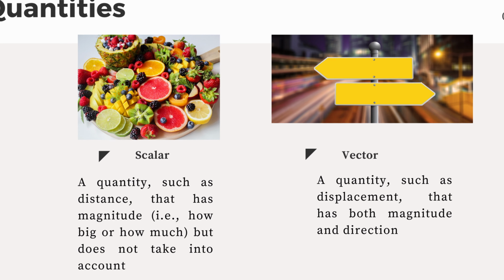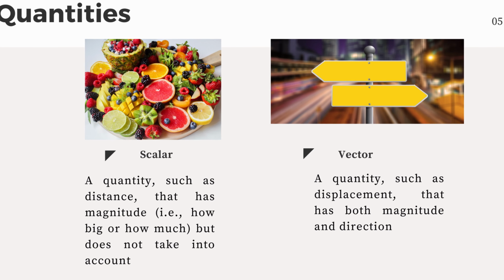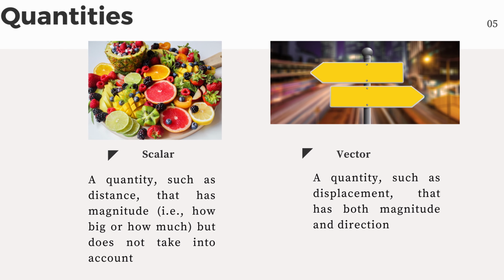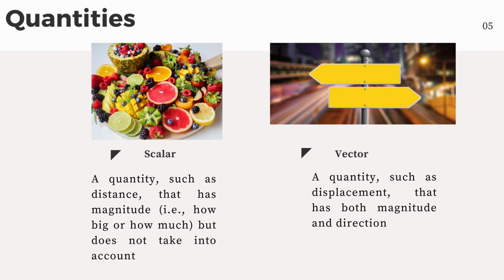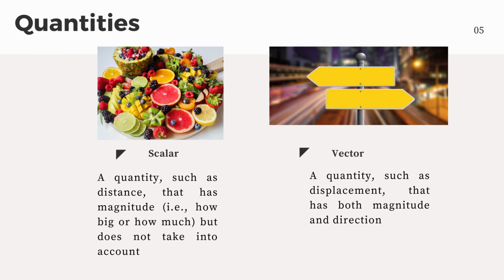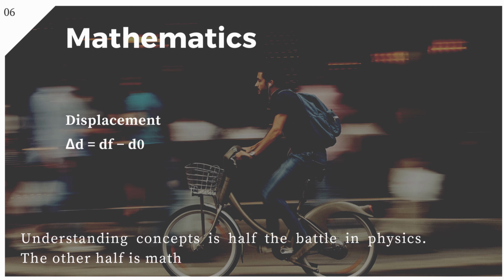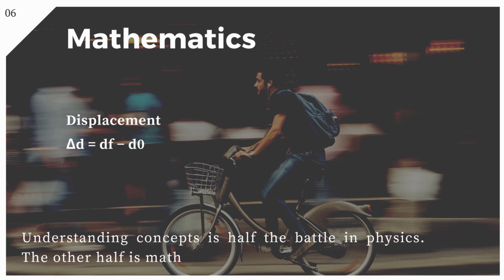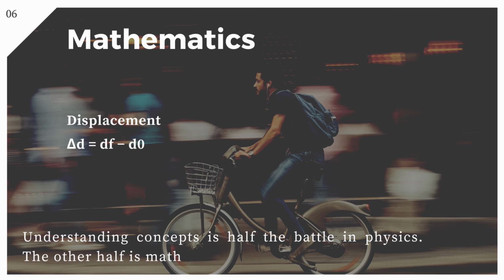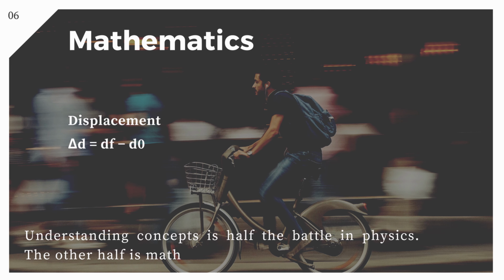A quantity such as distance that has magnitude, for example how big or how much, but does not take into account direction is called a scalar. A quantity such as displacement that has both magnitude and direction is called a vector. Hopefully you now understand the conceptual difference between distance and displacement. Understanding concepts is half the battle in physics, the other half is math.